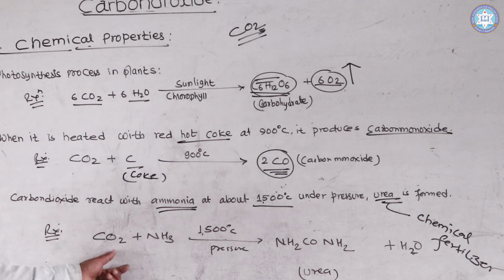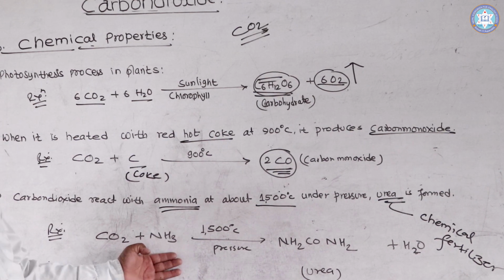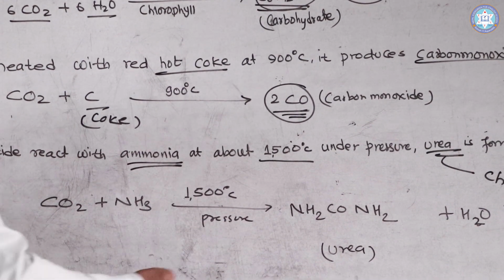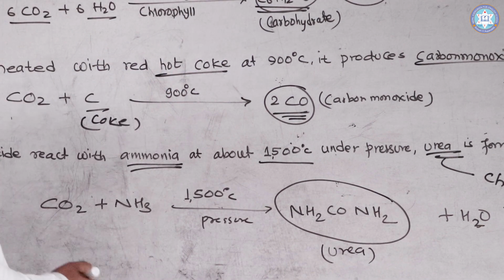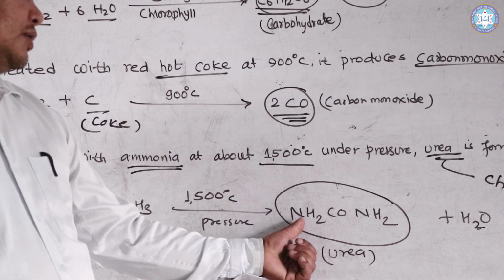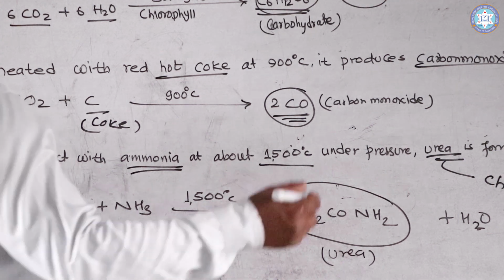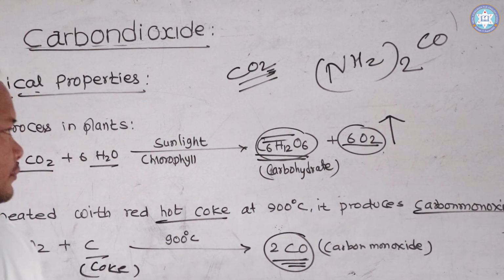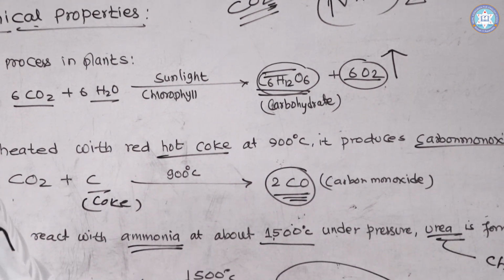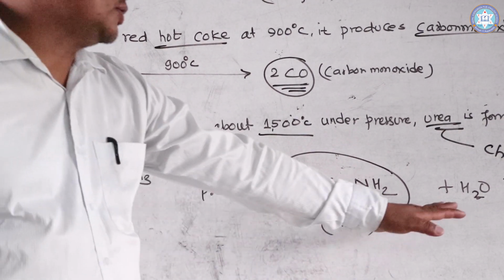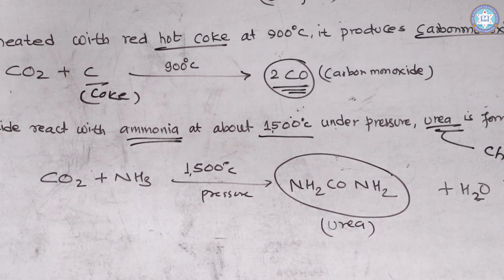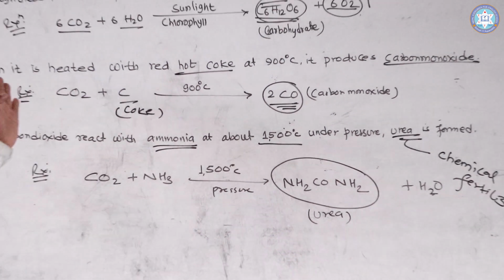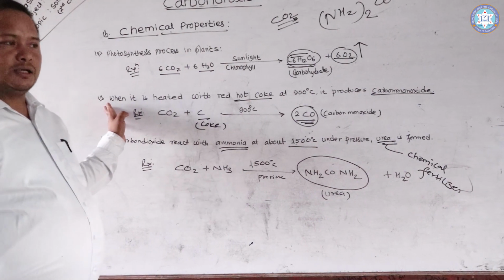The reaction is this: CO2, carbon dioxide gas, and ammonia, under the condition 1500 degrees Celsius and pressure. This is the molecular formula of urea, NH2CONH2. It is also written this way: (NH2)2CO, and water is also produced. These are some general chemical properties which are also given in your book.